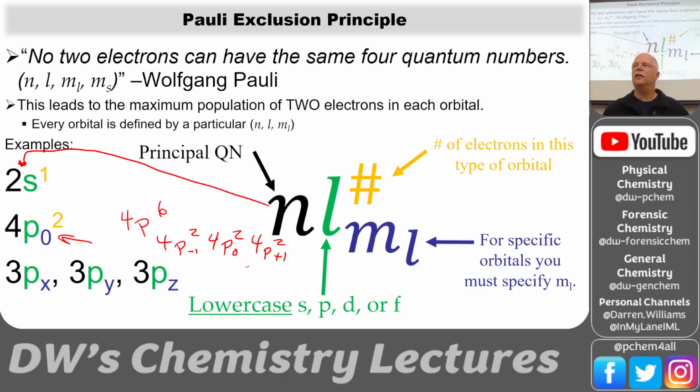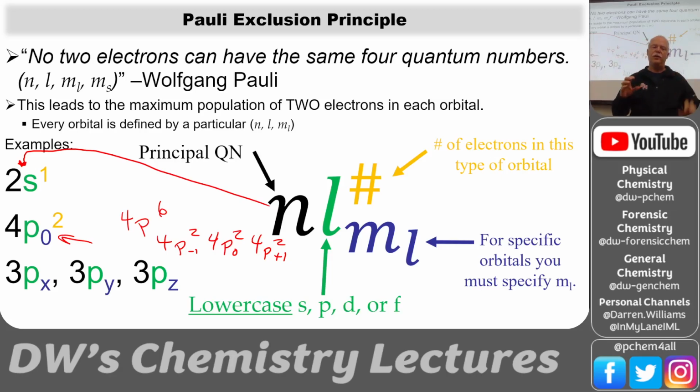So there's your 6 electrons because you have 3 p orbitals. That's because the m sub l is bound by l, and if it's a p orbital, l is equal to 1, and so you have a minus 1, a 0, and a 1 for the m sub l.